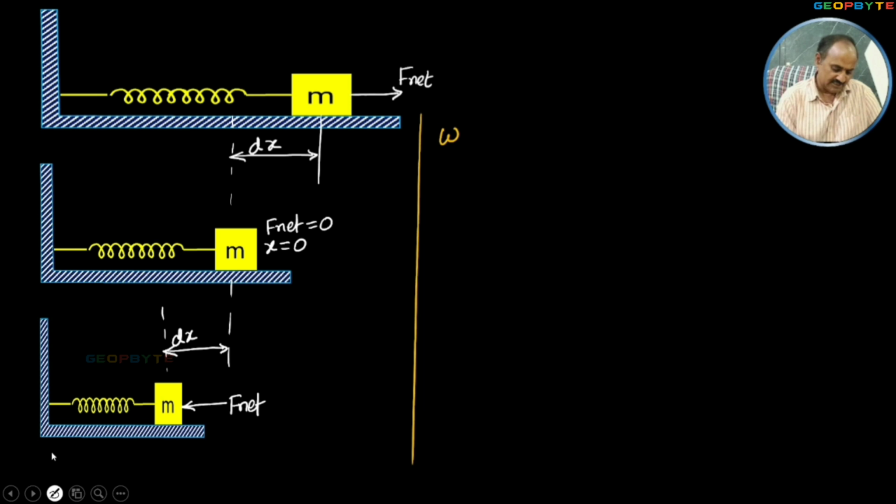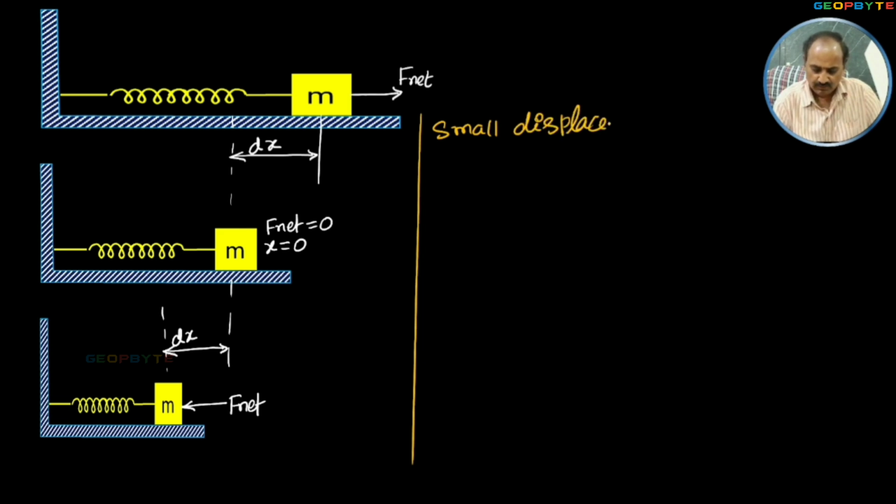For a small displacement, the small displacement work, let it be dw, equals force times the small deflection dx.